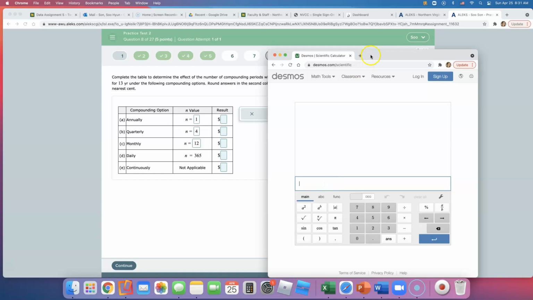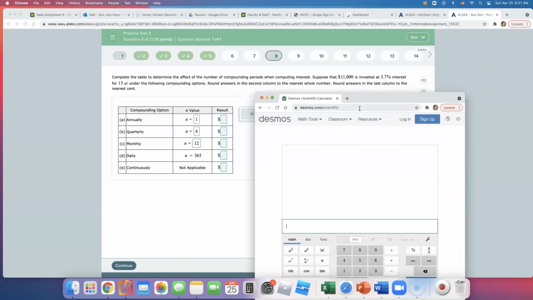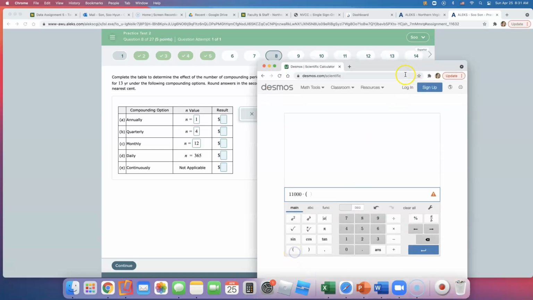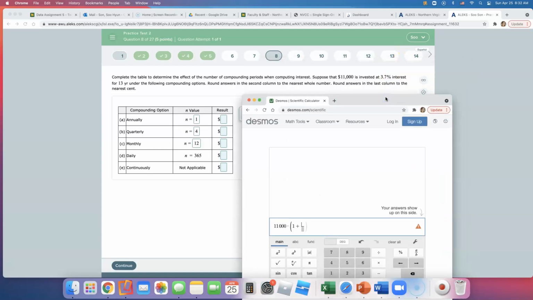So if you are doing compound interest, the formula is your principal, 11,000, times, open up a parenthesis, 1 plus a fraction: your APR, which is 0.037, the rate, getting divided by the n value of 365, and we're going to raise it to the power of n times t.